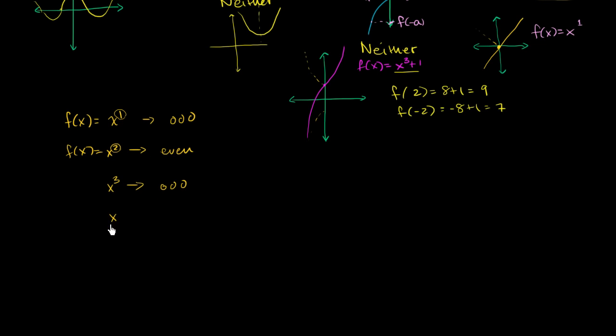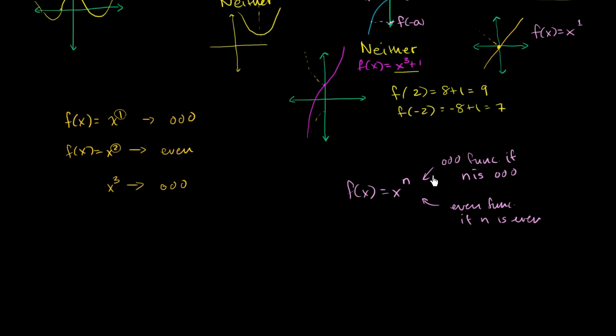In general, if you have f of x is equal to x to the n, then this is an odd function if n is an odd number, and this is an even function if n is even.